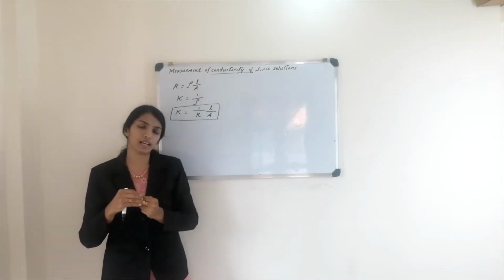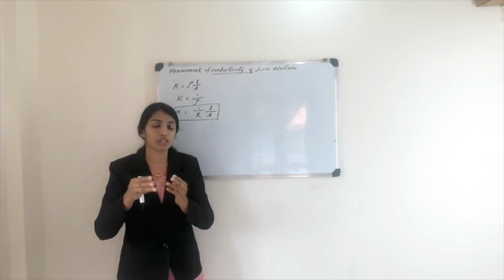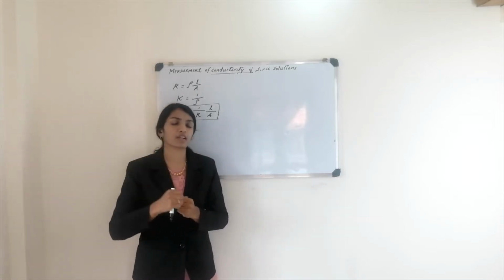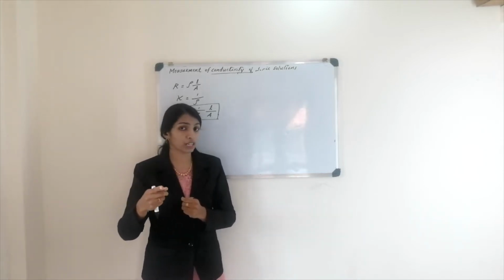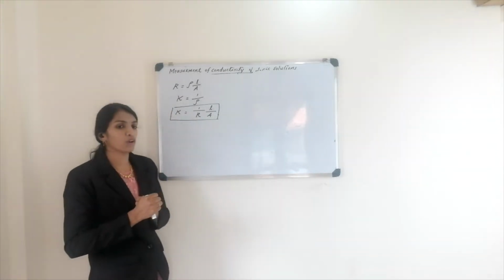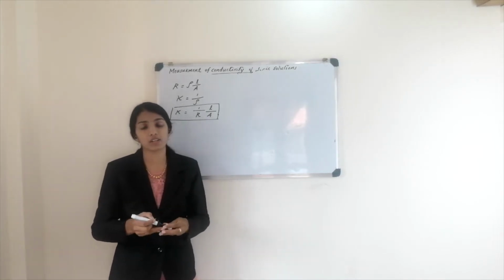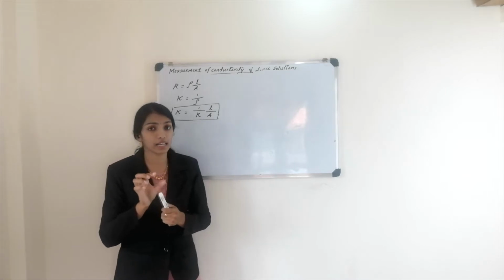The second difficulty is that we cannot connect our solution with wire or like material. These are some difficulties when we use Wheatstone's bridge for measuring ionic solutions. So, in order to solve these difficulties, we use a specially designed vessel, a cell. That cell is known as a conductivity cell.